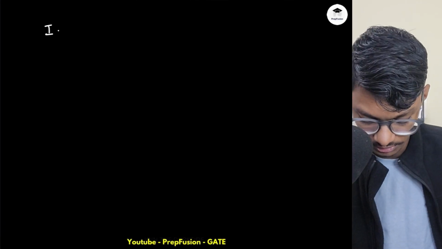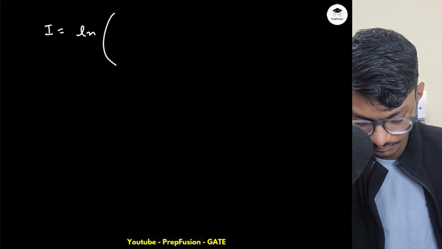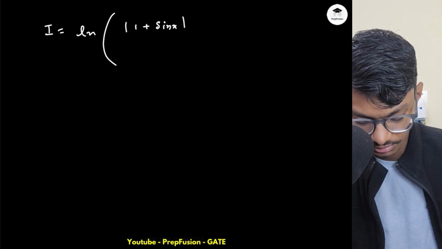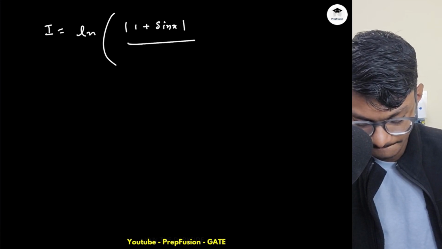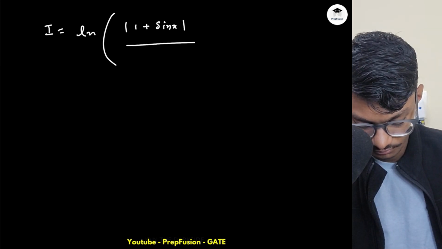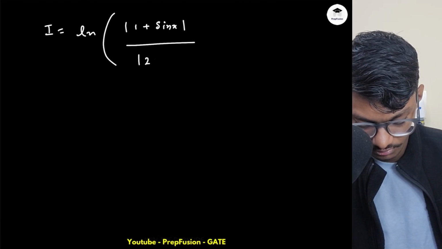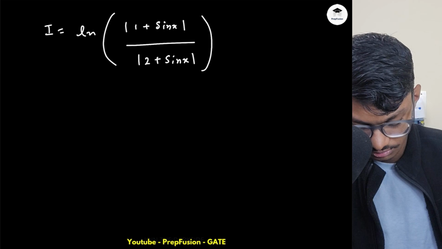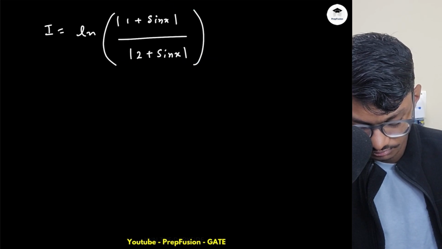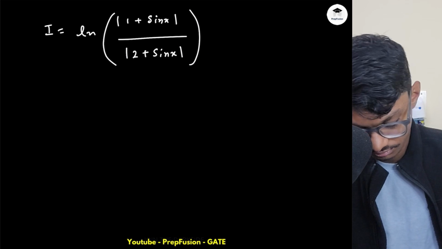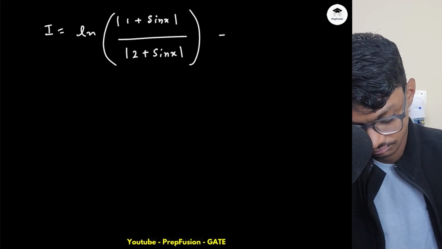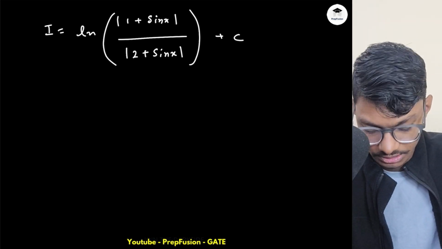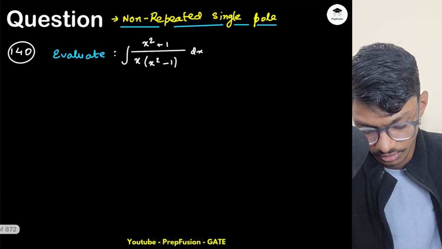So I can further write this as ln of mod of (1 plus t, which means 1 plus sin x) divided by (2 plus sin x), plus c. Okay, so yeah, this will be the answer to this question. So you can cross verify.